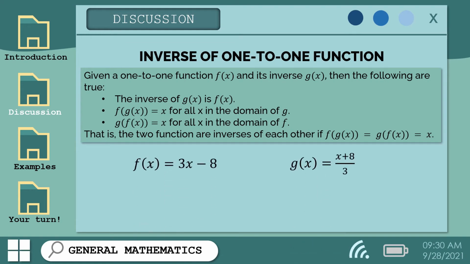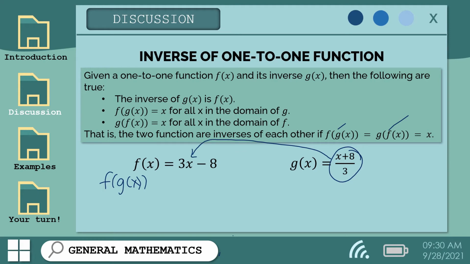Halimbawa, we have here function f, 3x minus 8 at function g, x plus 8 over 3. Kailangan lang po natin masatisfy itong f of g of x at g of f of x na mag-equal to x. Pag sinabi natin f of g of x, ibig sabihin po nun, the g of x is now the composition of your f of x.